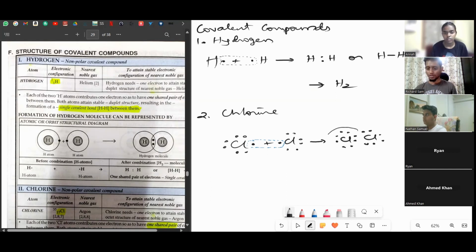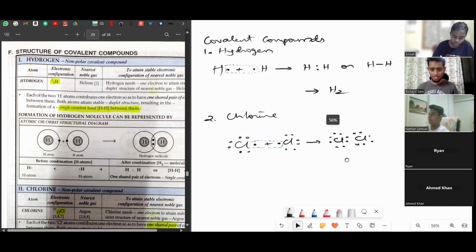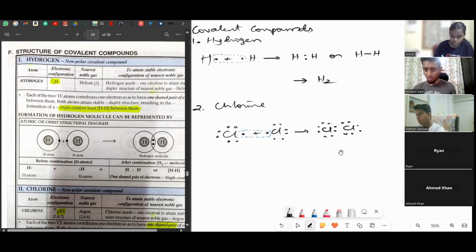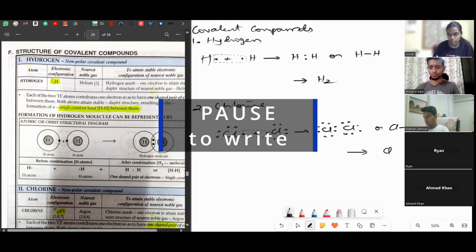So now around this chlorine, how many electrons are there? 8. And around this chlorine, 8. So both have 8 electrons now around each. Then you put the OR, and then you show chlorine with 1 bond between 1 pair of electrons. 1 pair of electrons will have a single bond. Then you put the next arrow and you write Cl2. Draw this.